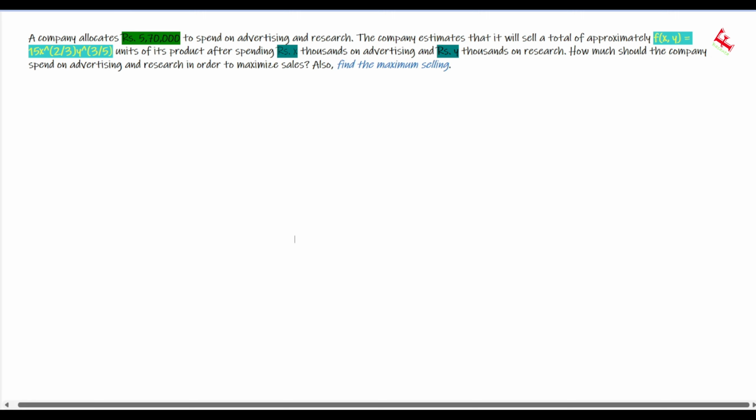A company allocates rupees 5,70,000 to spend on advertising and research.